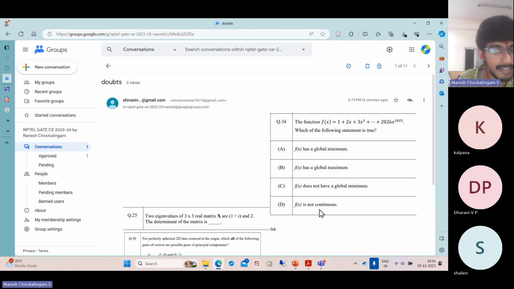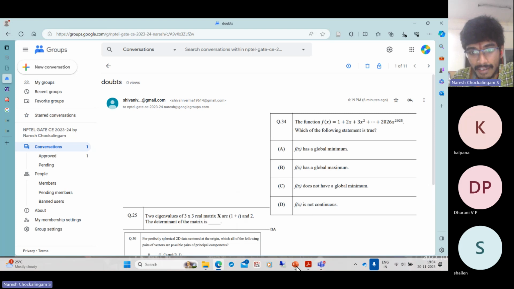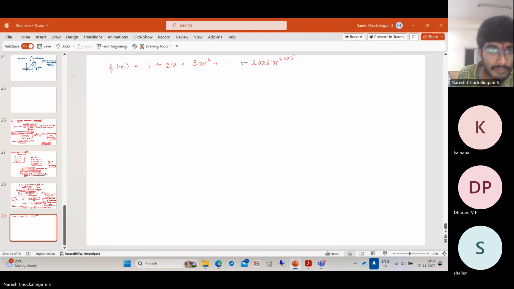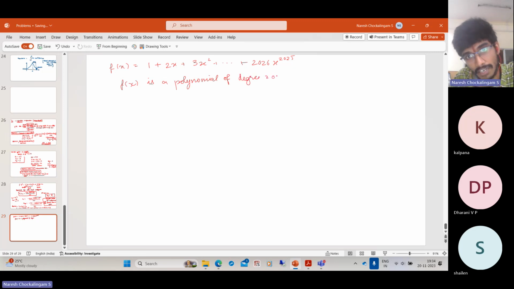Let us first rule out the wrong options. The last option says f of x is not continuous. That is obviously wrong. f of x is a polynomial of degree 2025, and polynomials are infinitely differentiable.